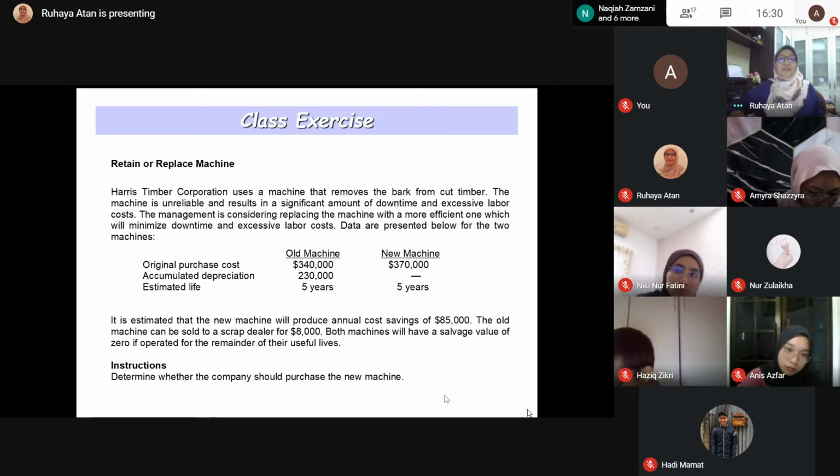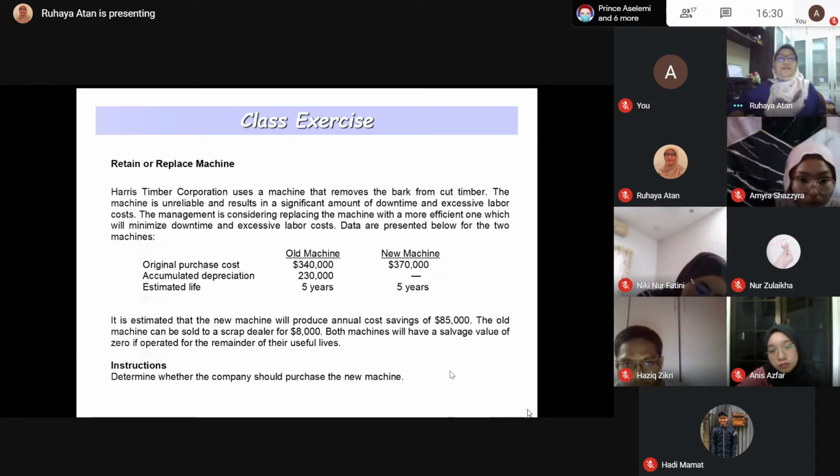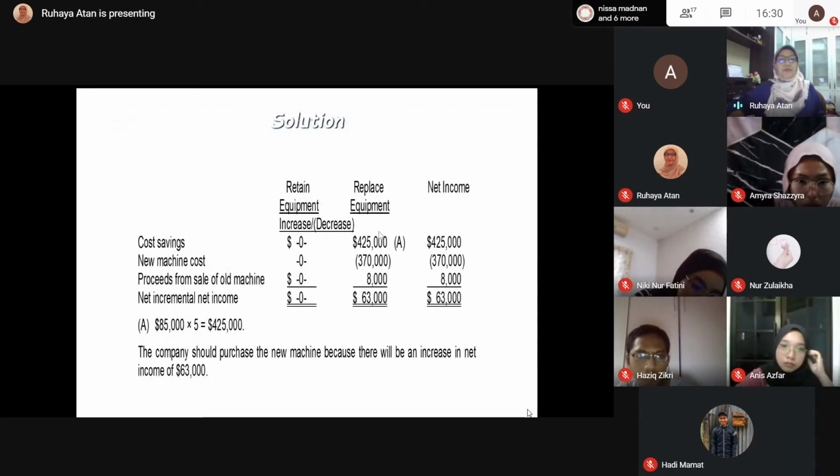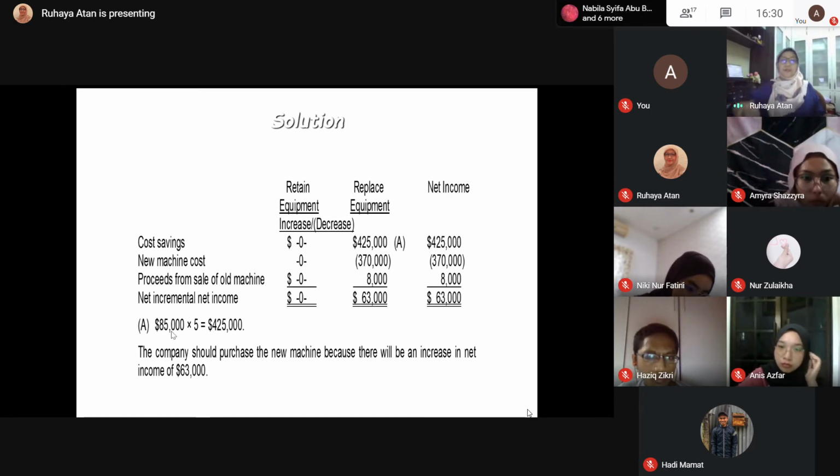Let's see how you answer this. This is more straightforward, as it is mentioned in the question that if you buy a new machine, you will have a cost saving of 85,000 per year. So the cost saving will be 425,000 for 5 years.